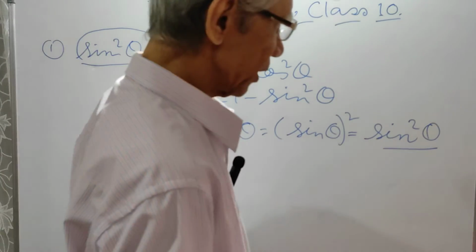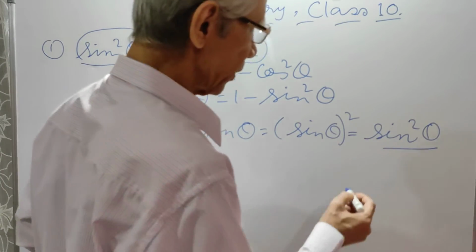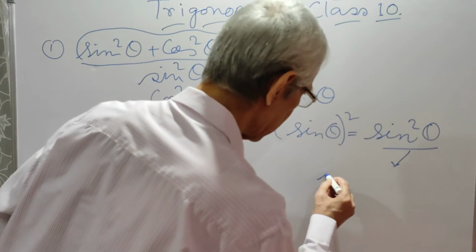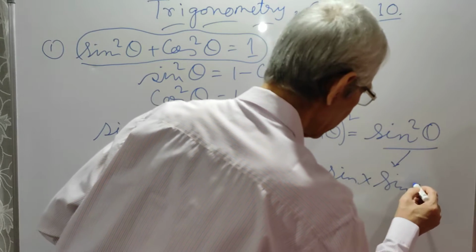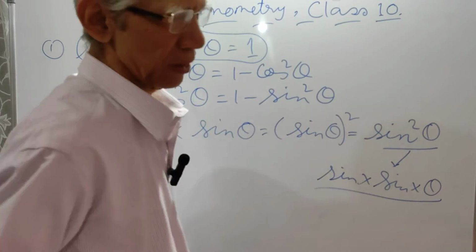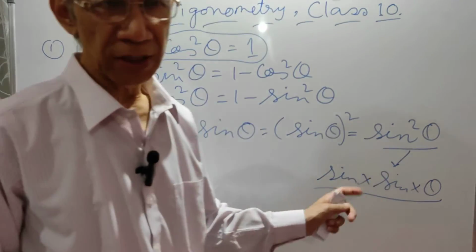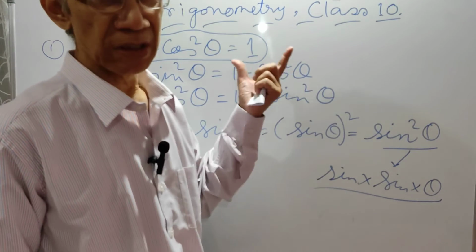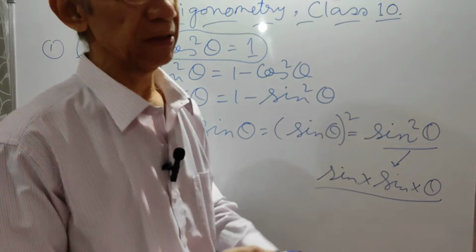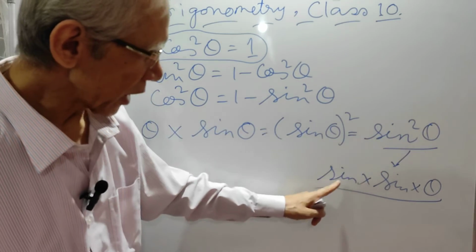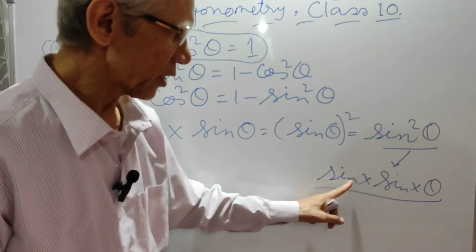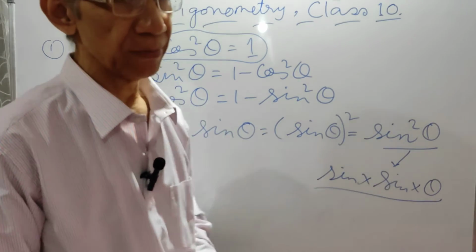Now the mistake students make is this one. They think sin square is sin into theta. This is one mistake students make because the concept is not clear. By mistake they write sin into sin. They think it is sin into theta.